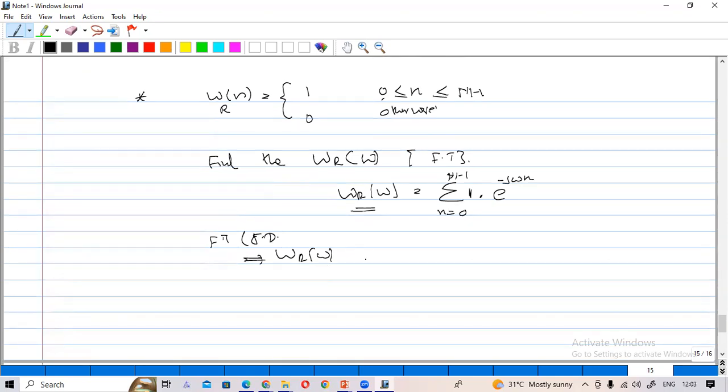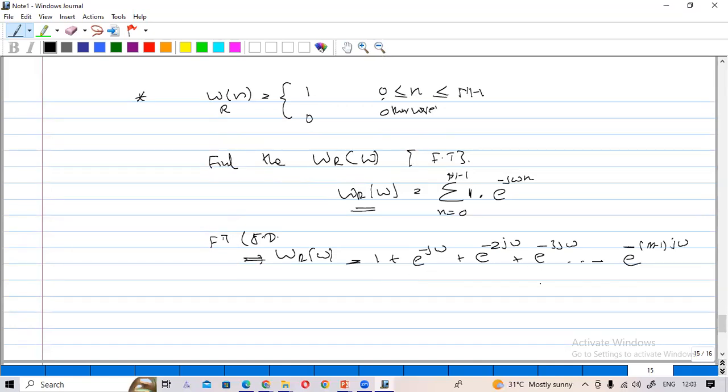So n is 0, that means 1, plus n is 1, e^{-jω}, then n is 2, e^{-2jω}, n is 3, e^{-3jω}, and so on up to M minus 1, e^{-(M-1)jω}.